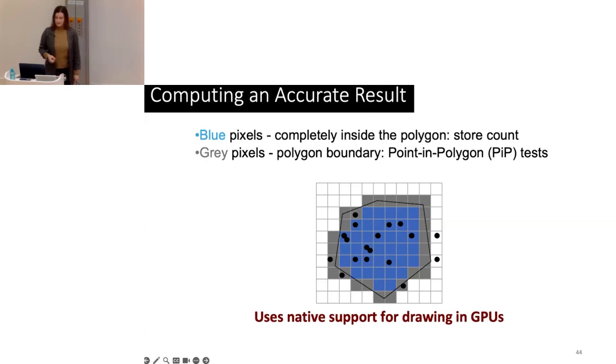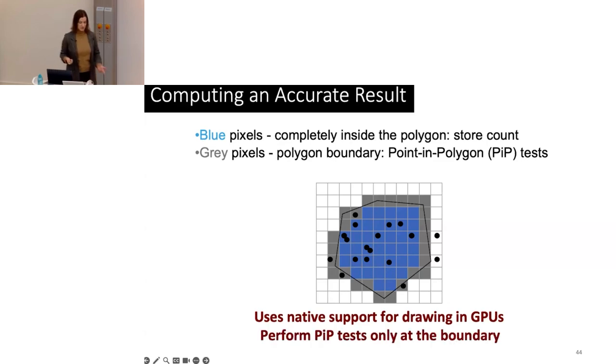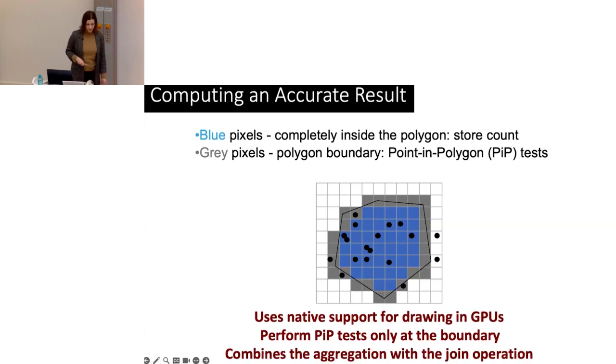So this approach works quite well, because here we frame the problem of evaluating spatial aggregation as drawing operations, and these are highly optimized for the GPU. And we minimize the number of point and polygon tests that we need to perform by doing such tests only at the polygon boundaries.